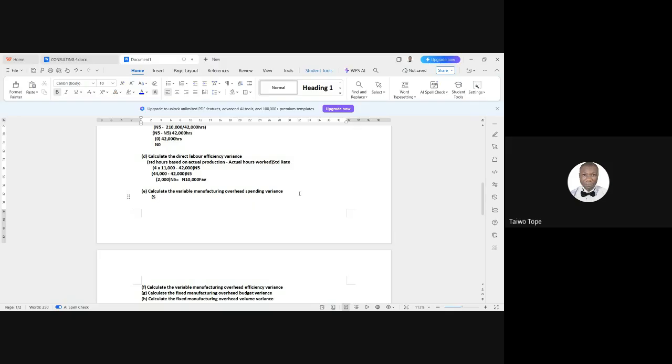The formula is the standard variable rate minus the actual variable rate. Once you see rate, we are referring to rate times hours.